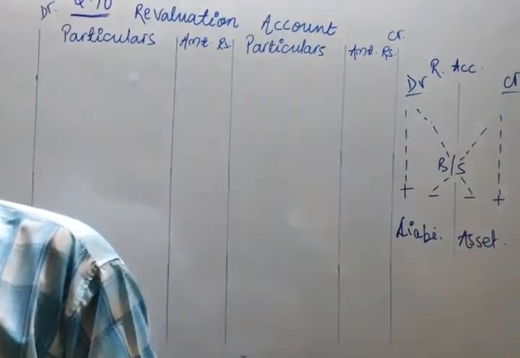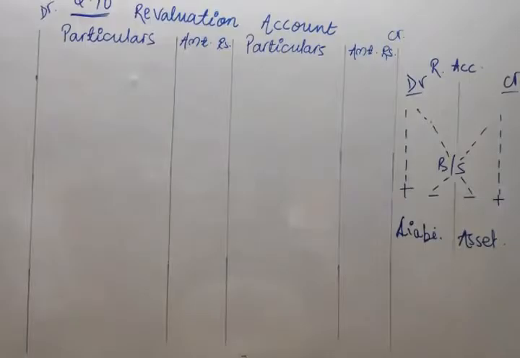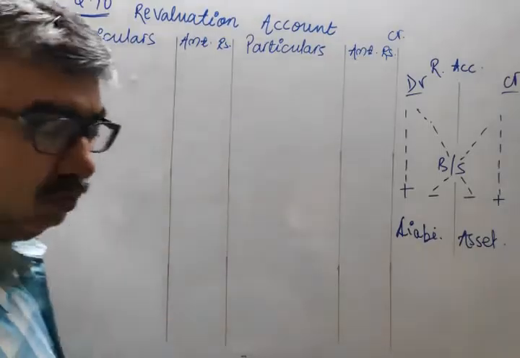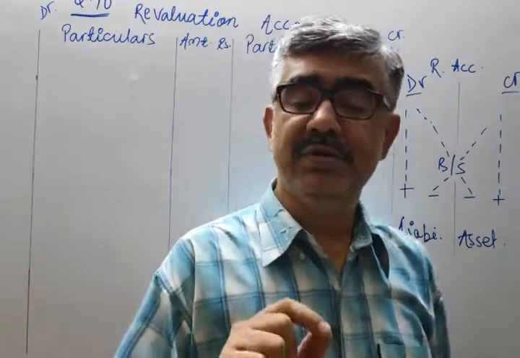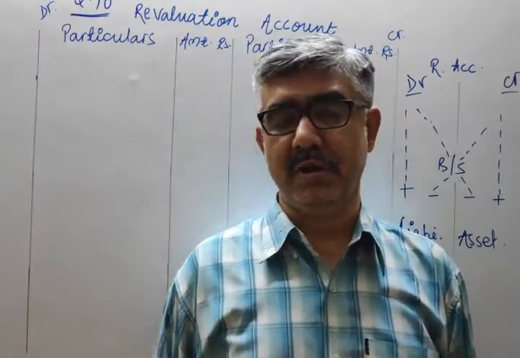In question 10, they give you a balance sheet and a few adjustments. Along with that, they told you to prepare journal entries and the revaluation account.